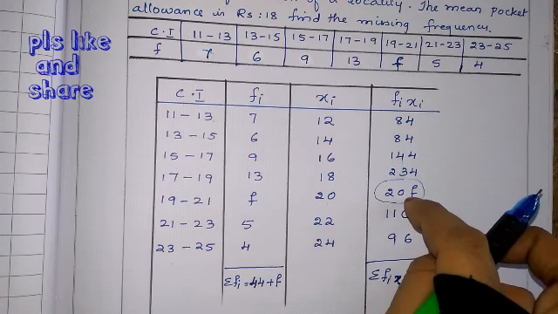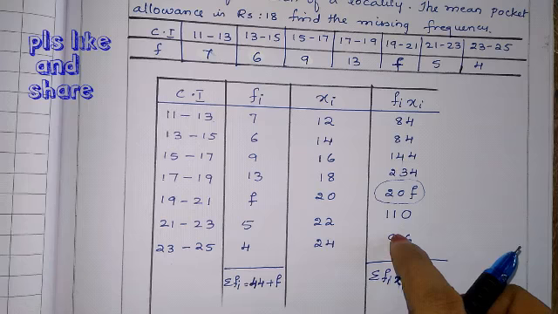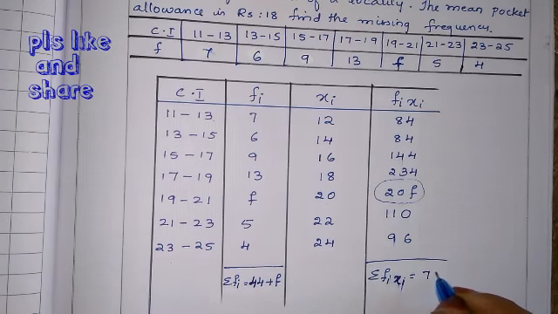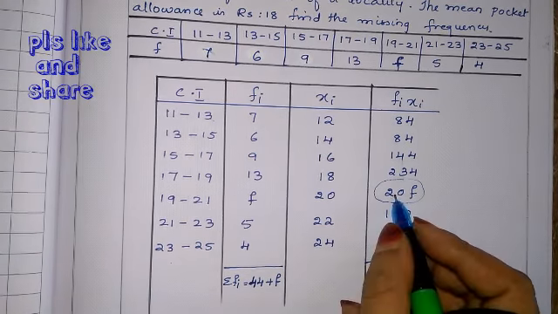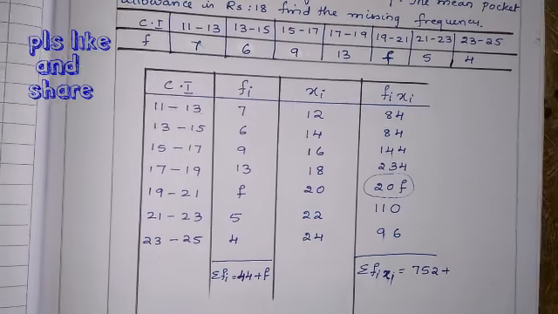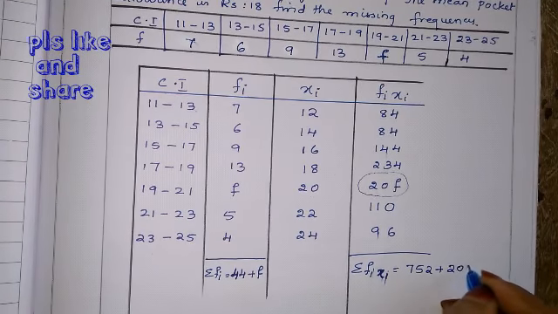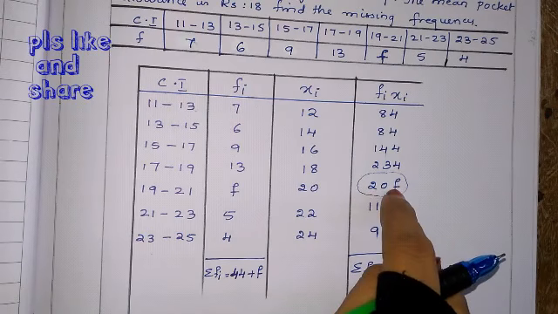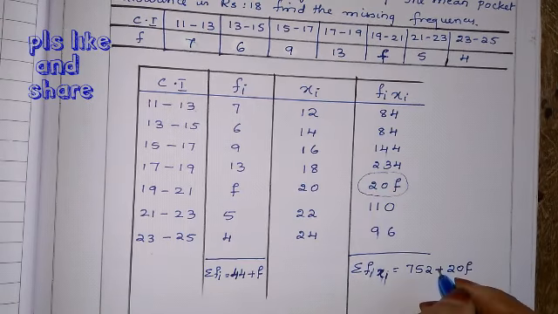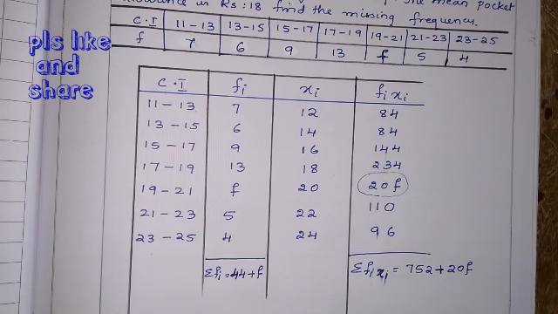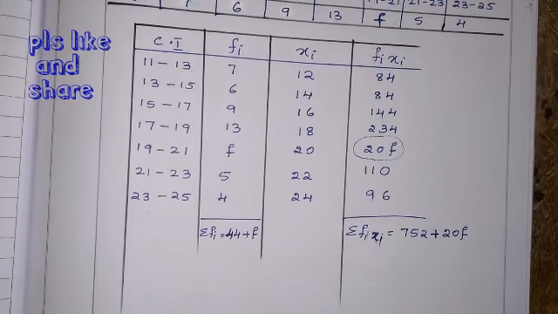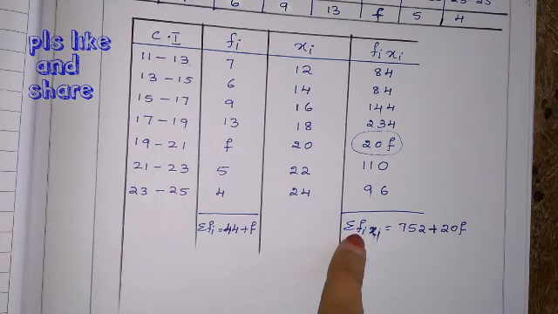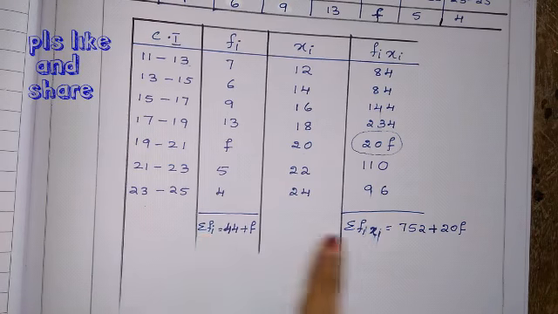Leaving 20f, if we add all these numbers, we will get 752 plus 20f as it is, because that is an unlike term. All numbers we can add, we cannot add 20f. So 20f separately.